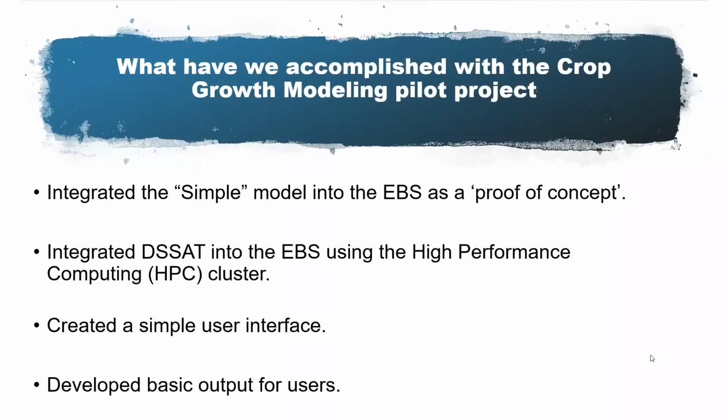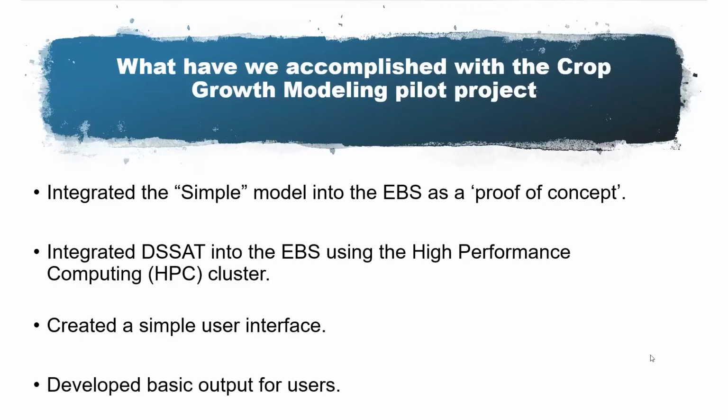So what we have accomplished with the crop growth modeling pilot project so far. We integrated a simple model into the EBS as a proof of concept, and once we worked out the procedures for integrating a crop model into the EBS and performing simulations using a simple model as a test case, we then integrated the DSSAT CSM into the EBS using a high-performance computer cluster.